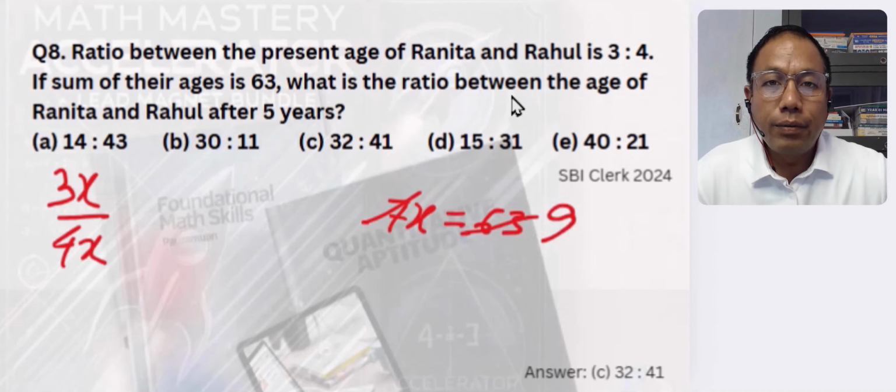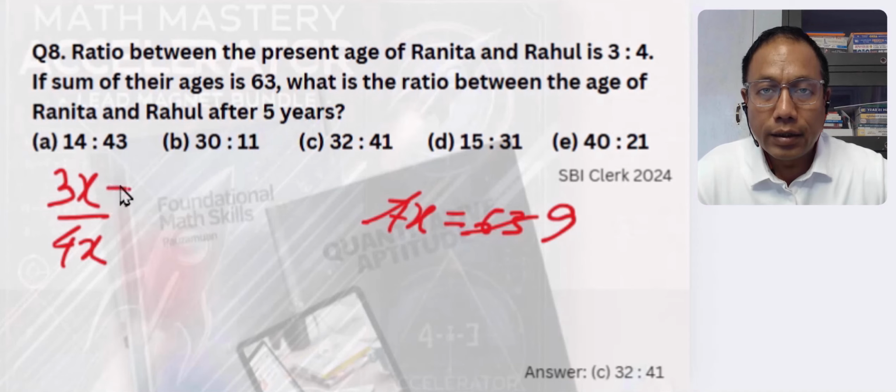What is the ratio between the ages of Ranita and Rahul after 5 years? After means plus 5.